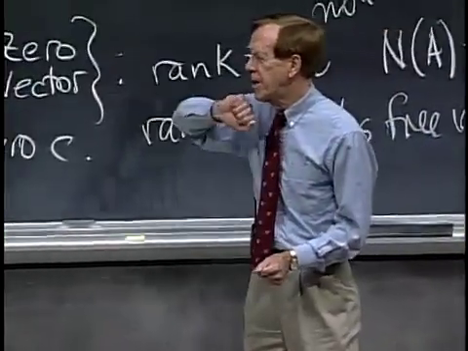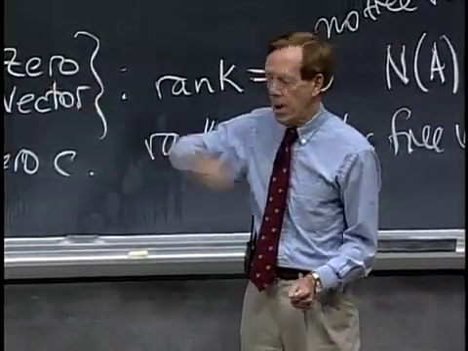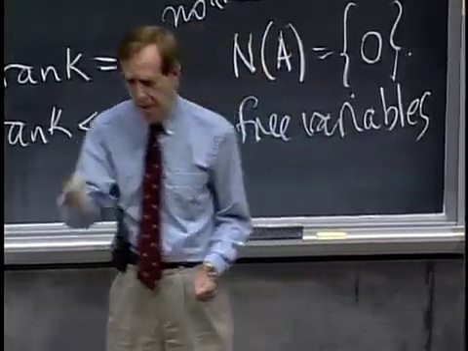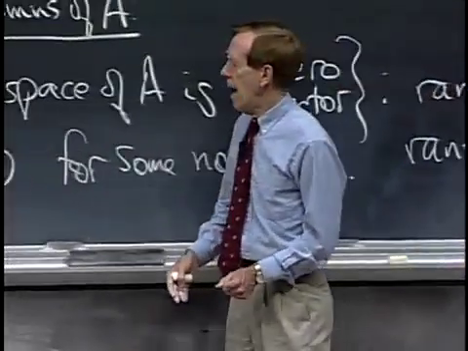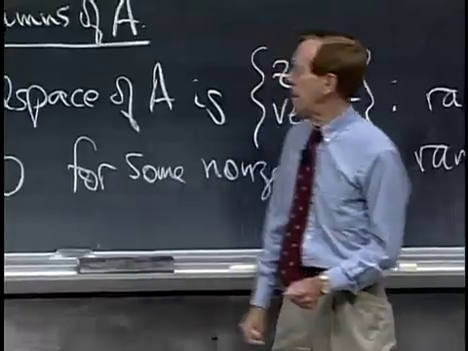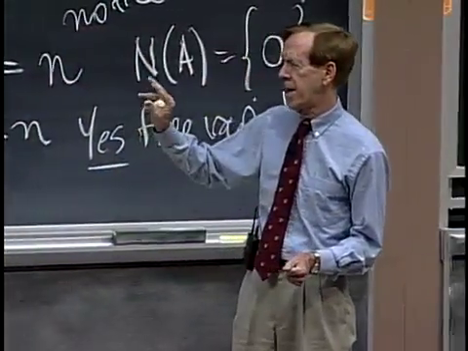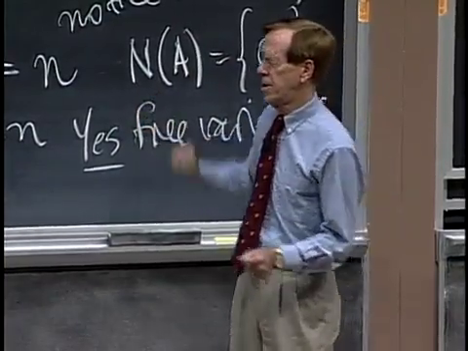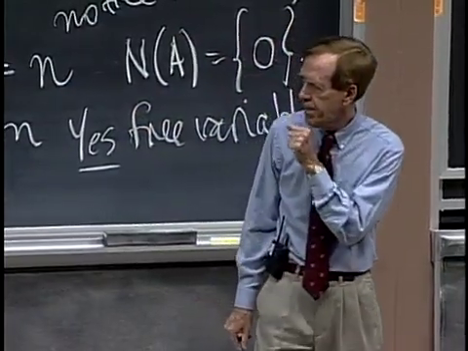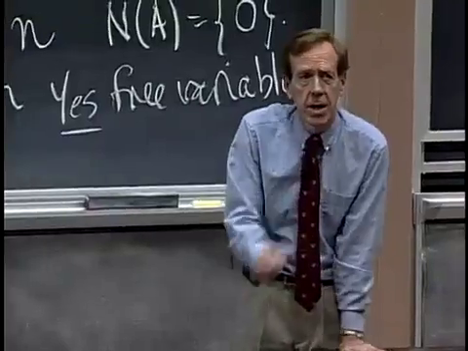But most of the time, the vectors we think of are columns. And we can put them in a matrix. And then independence or dependence comes back to the null space. Okay, so that's the idea of independence.